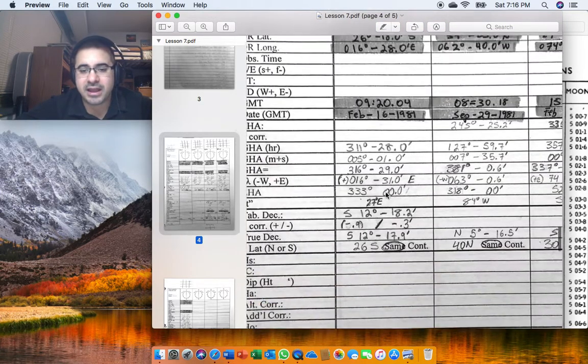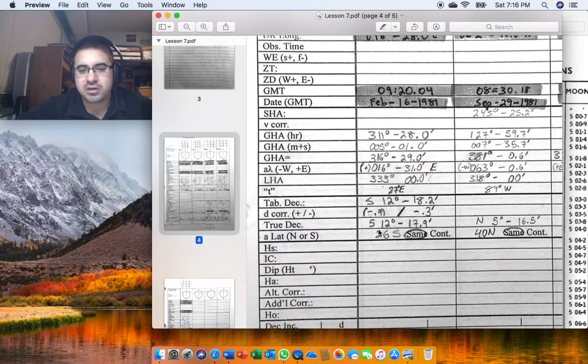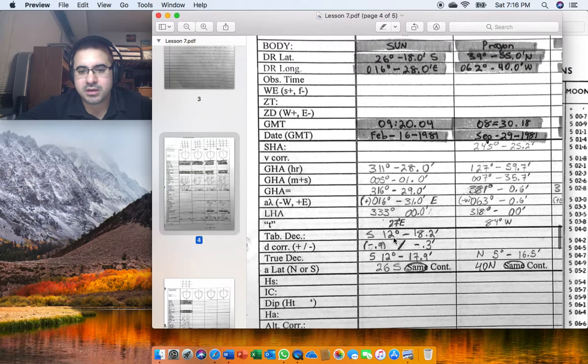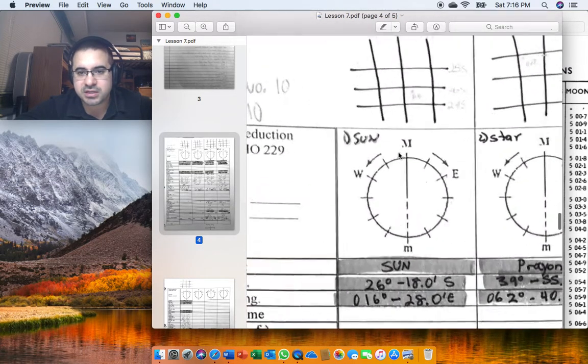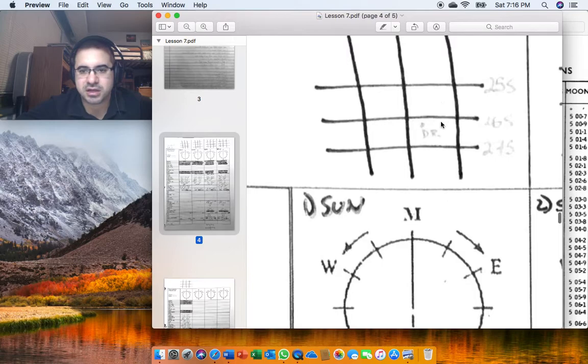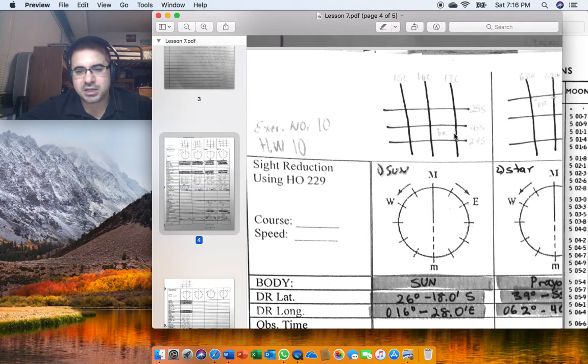So for our A latitude, you're going to be using 26 because it's the closest thing. Remember, you're going to be using the A latitude of 26 if it's 25 to 26, 29, right? To be honest, don't quote me on what happens when you have a 30.